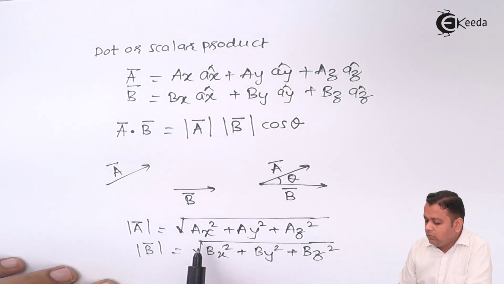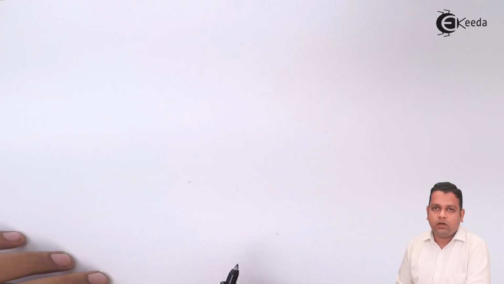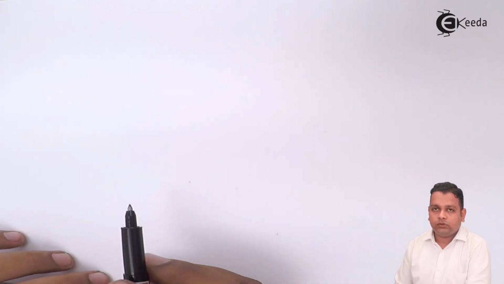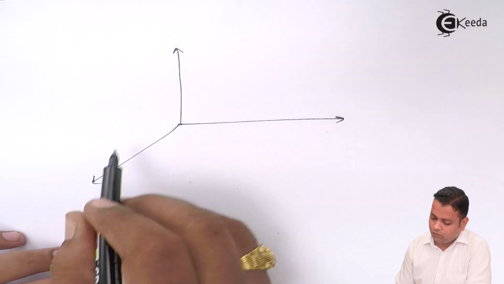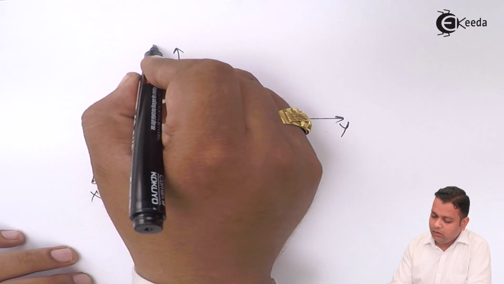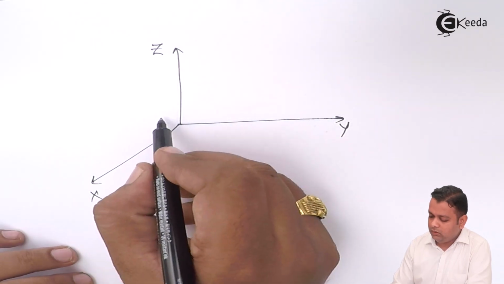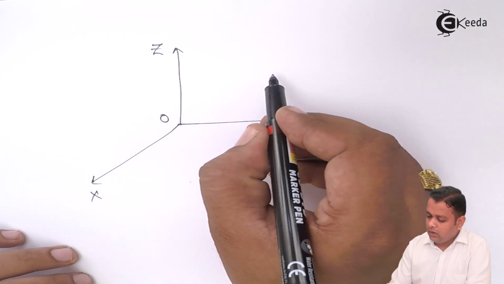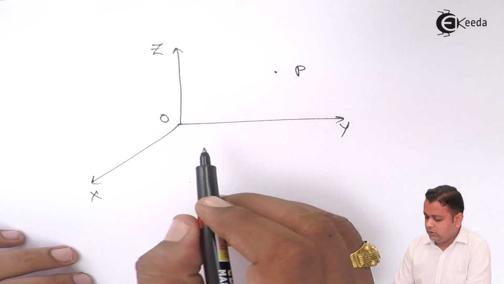This is actually from the distance formula. In the three-dimensional space, suppose x, y and z axes are there intersecting at the origin and a point P is there.